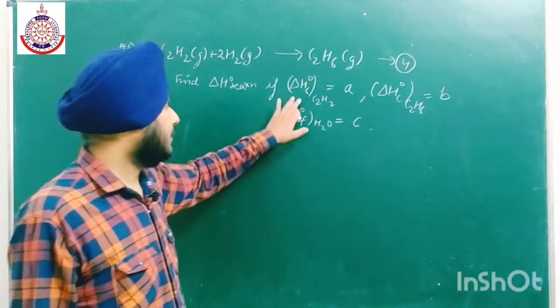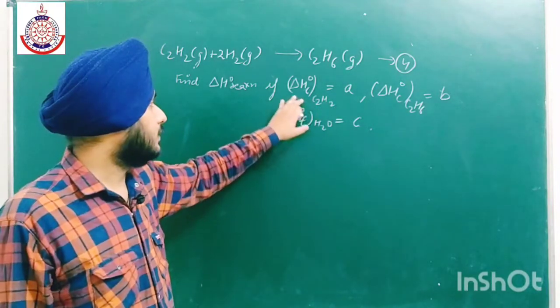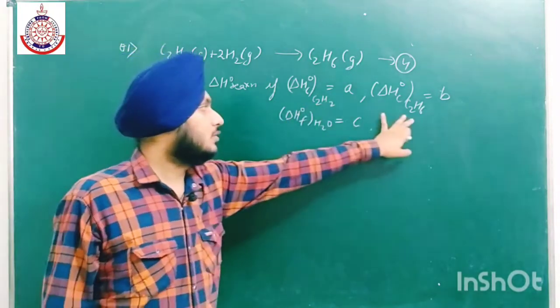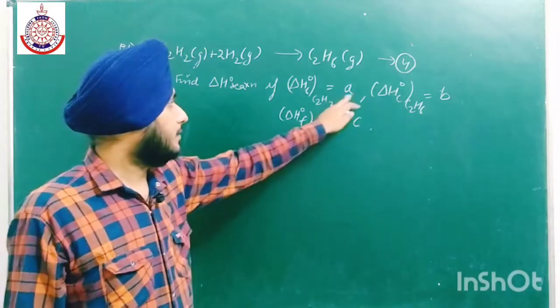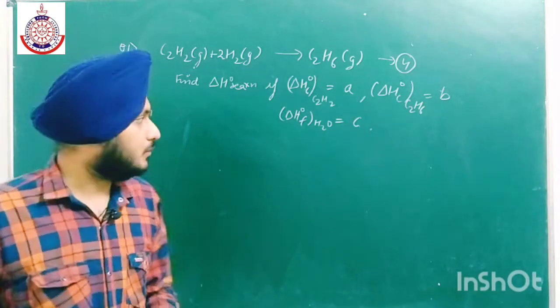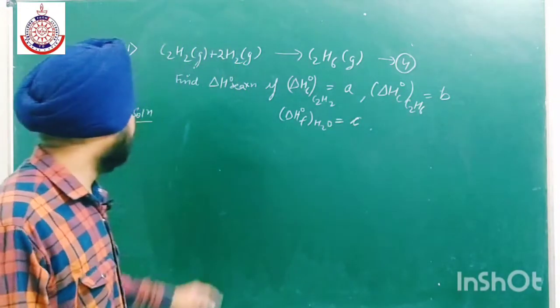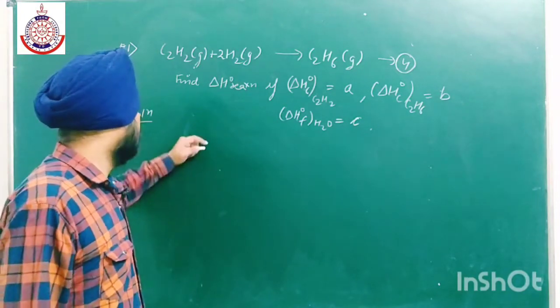The standard heat of combustion for C2H2 and C2H6 is given to us as A and B respectively, and the heat of formation for H2O is given to us as small c. Okay, so we have to calculate delta H naught of reaction.